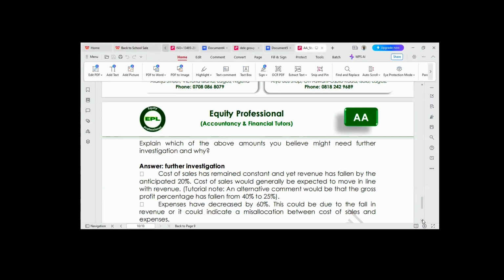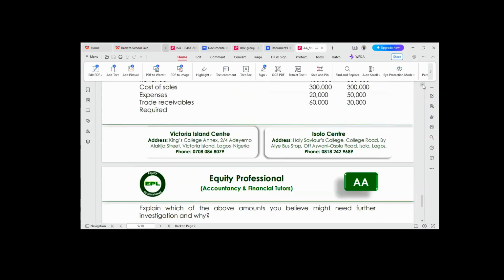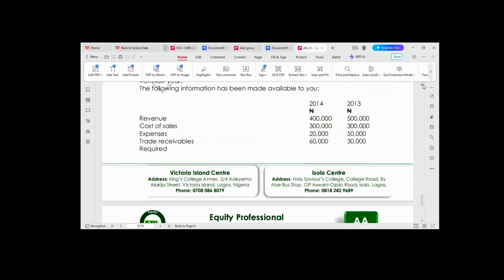I hope you understand how they did this calculation. What will be your base year? Your base year will be your year 2013, and your new year will be your 2014 times 100. That is one way to compute the ratio.